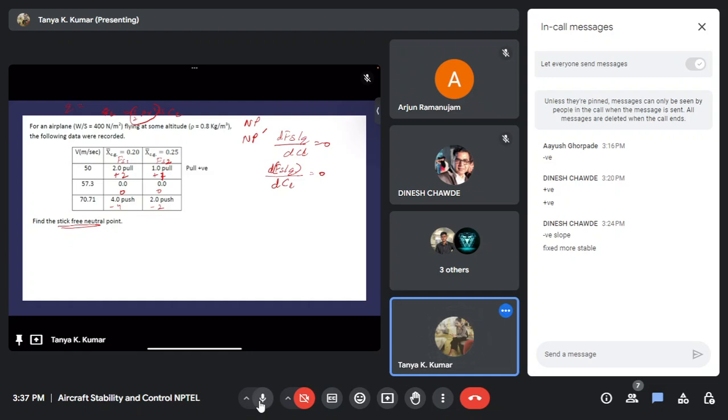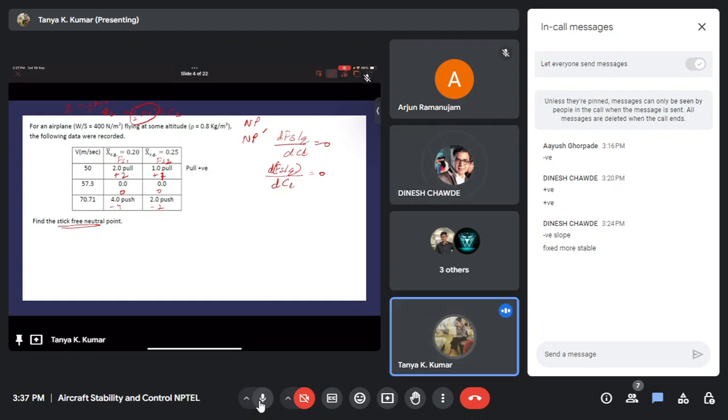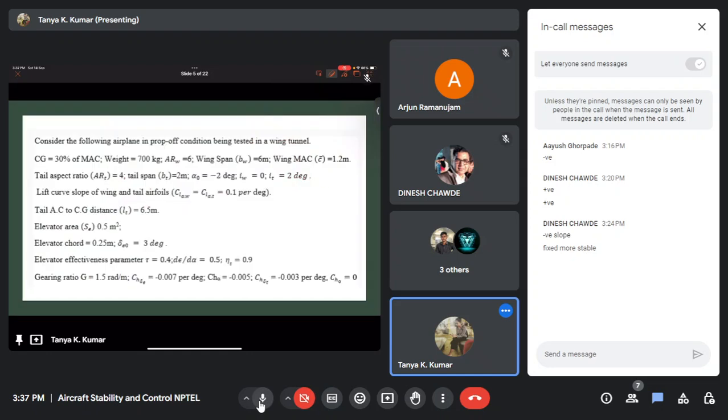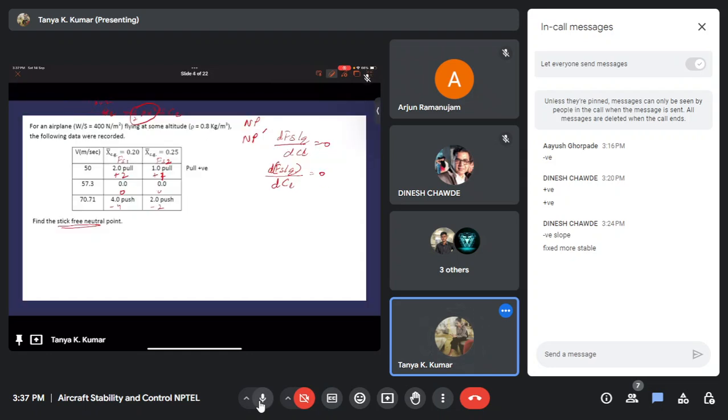So q is half rho V square. It comes from this half rho V square S CL, right?